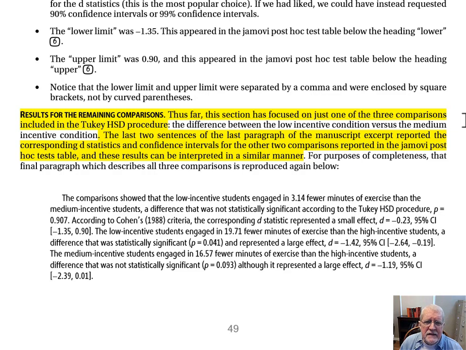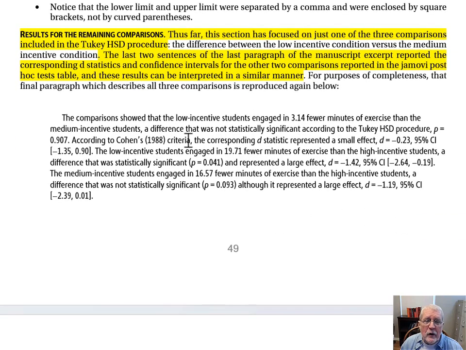The last two sentences of the last paragraph of the manuscript excerpt reported the corresponding D statistics and confidence intervals for the other two comparisons reported in the Jamovi post-hoc test table. And these results can be interpreted in the same manner, and I do so. Below, I provide a paragraph that reports all of the D statistics for all comparisons, and it follows the same format that I used with this first comparison.